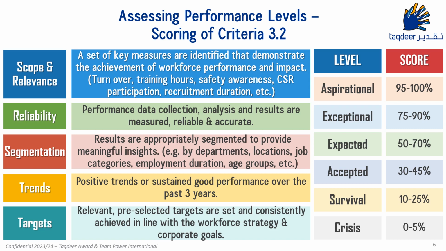1. Scope and relevance. A set of key measures is identified that demonstrates the achievement of workforce performance and impact. To achieve better scores in the Taqdeer Award, companies should select the most important input, process, output, or outcome key measures under each of the following 10 categories. Workforce strategy and policies.